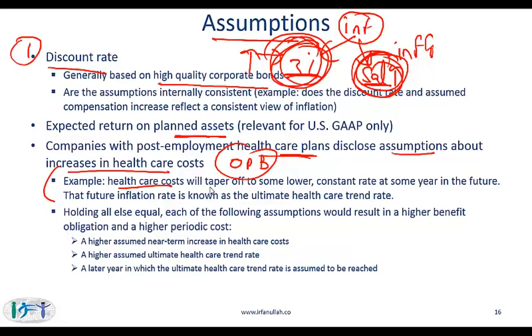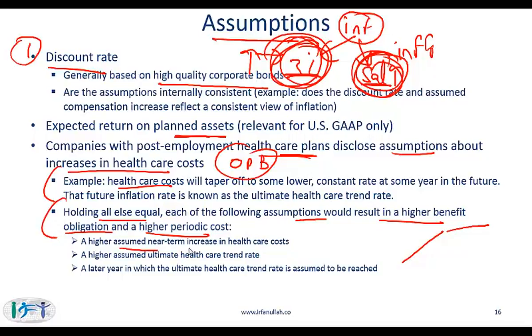Healthcare costs, generally speaking, go up at a relatively fast rate for a certain period of time and then taper off at a lower rate. Holding all else equal, each of the following assumptions would result in higher obligation and higher periodic costs. We are still talking about healthcare costs here.